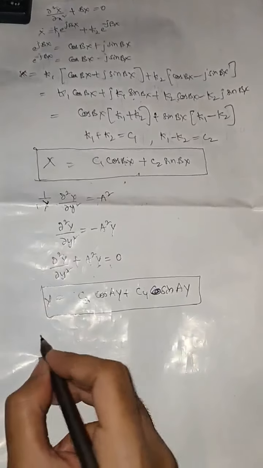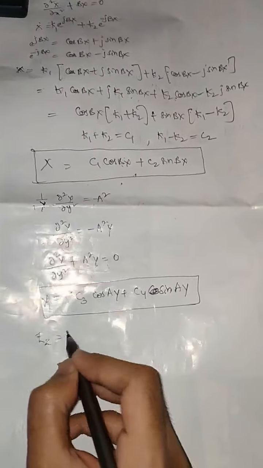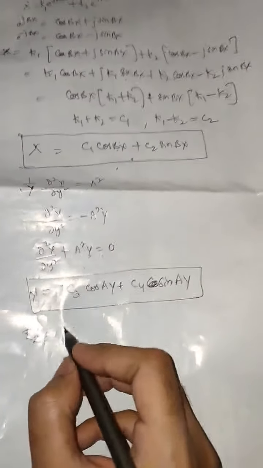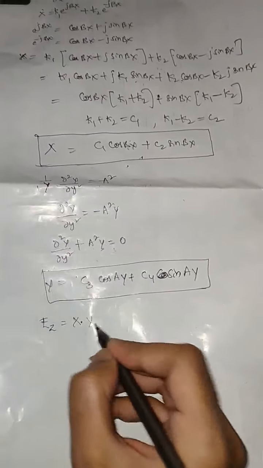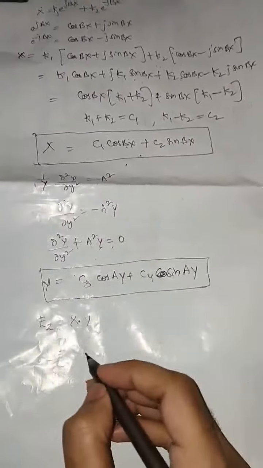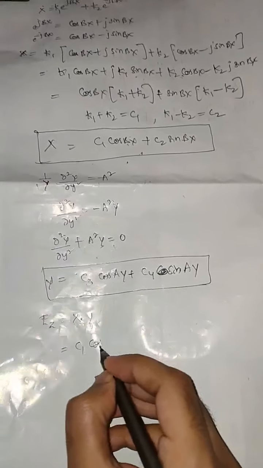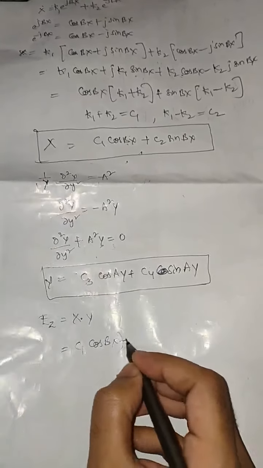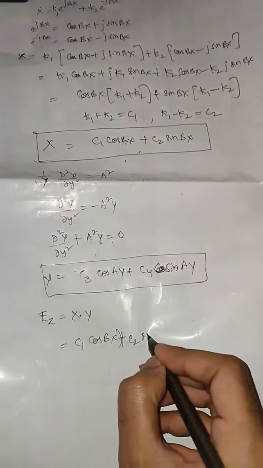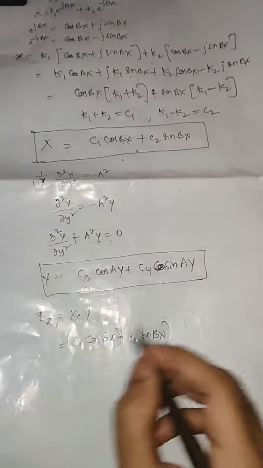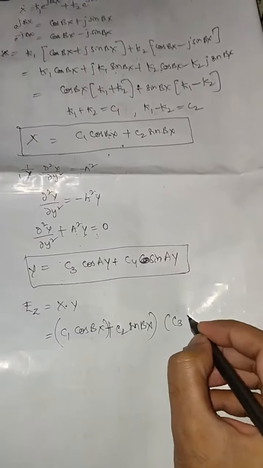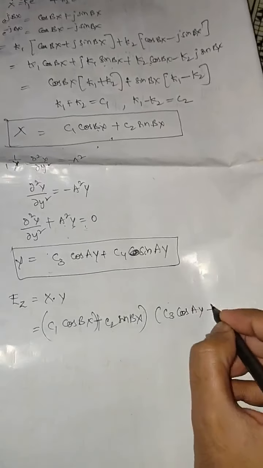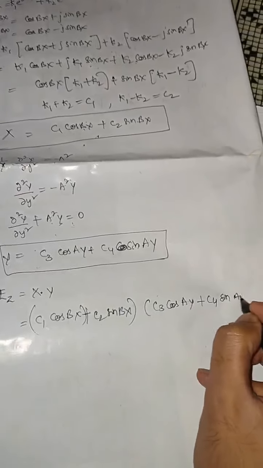Now Ez, the electric field intensity, is nothing but X multiplied with Y. Now multiply these two equations: c1 cos bx plus c2 sin bx multiplied with c3 cos ay plus c4 sin ay.